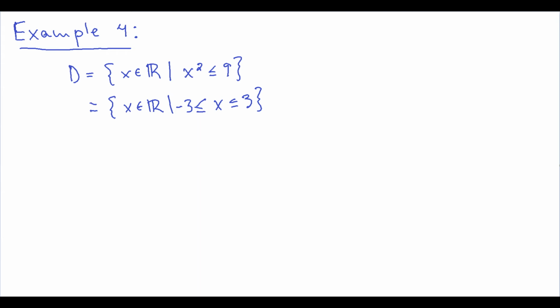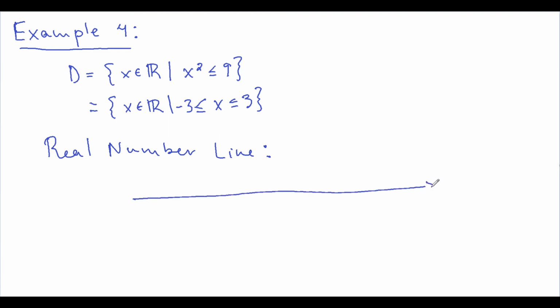Now, the last thing I want to do is introduce a little bit more notation for you. So I can draw this set on the real number line. So this is a graphical representation. The real number line is just a line, and I can put some sample points on there. 1, 2, and 3.